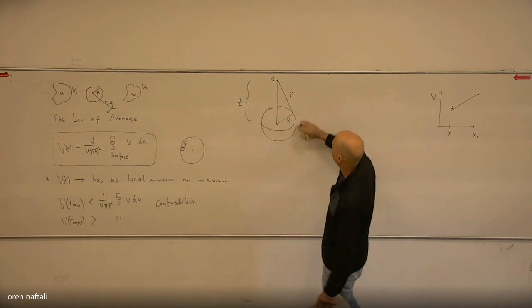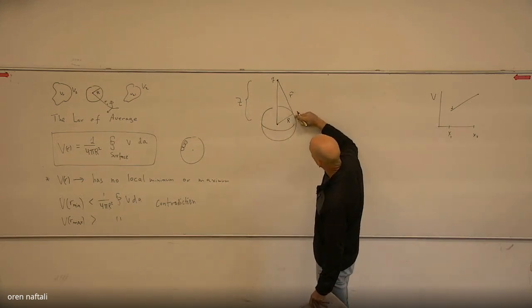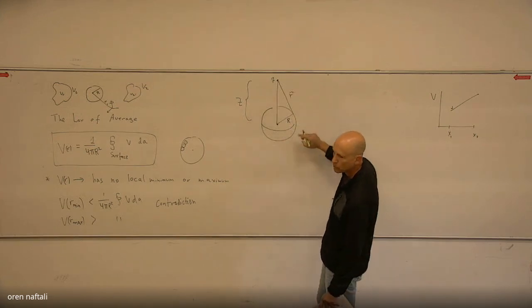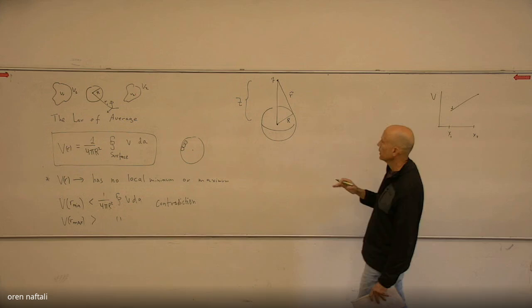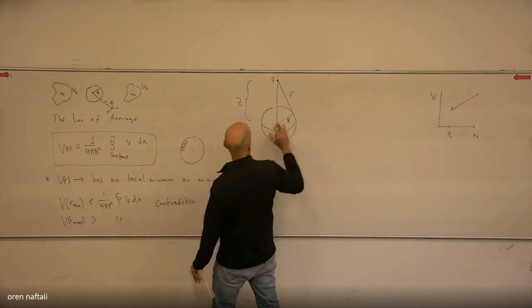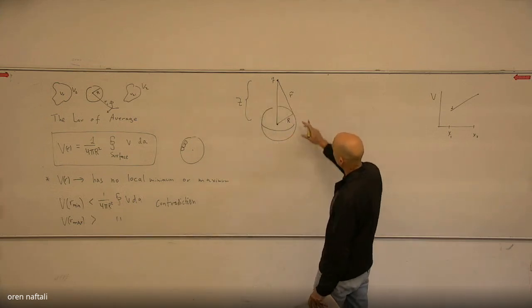Again, this is the theoretical sphere. It will be called r tilde, and of course the potential on this sphere is going to change because the distance from the charge is going to change. So r tilde we are going to integrate eventually over these different angles here, and we know the potential here.